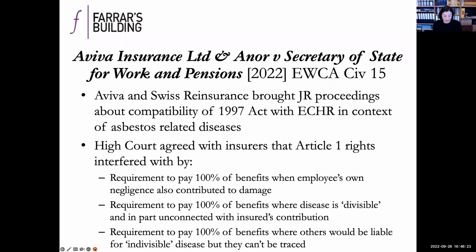The Aviva insurance and Swiss reinsurance proceedings: Aviva had a substantial book of long tail employers liability insurance, and Swiss reinsurance were the reinsurers for that, in the context of mostly asbestos litigation, where a disease was found to be divisible, and in the particular case that they were talking about, the employer insured was only a minor contributor to that divisible disease, and the claimant was also contributory negligent.